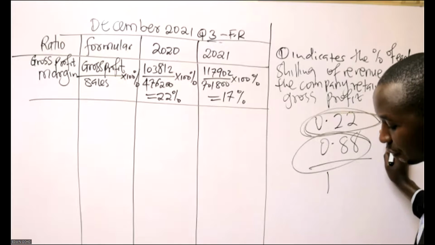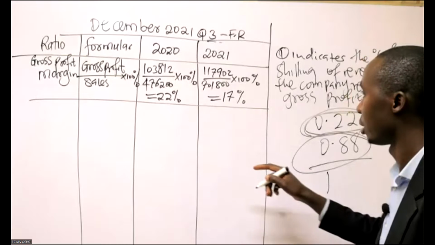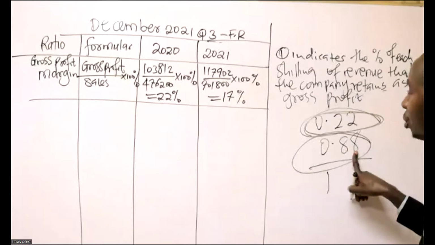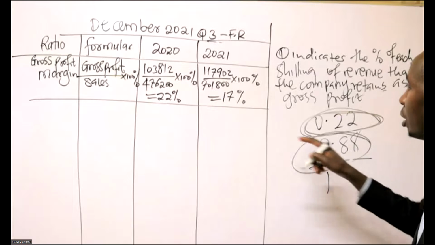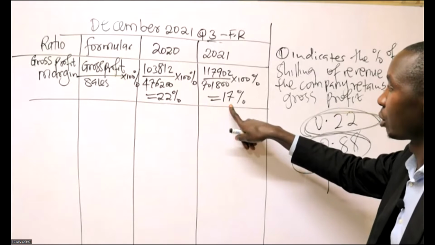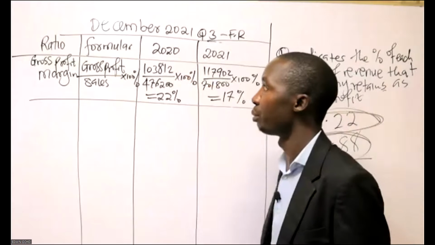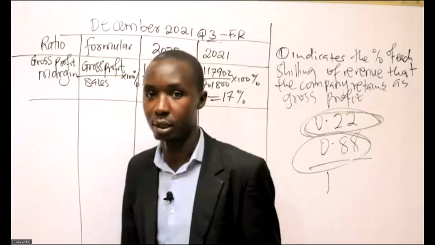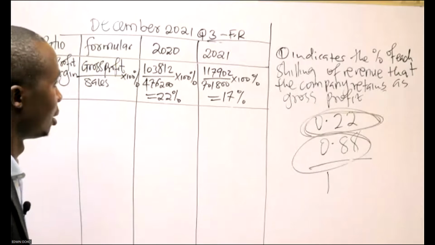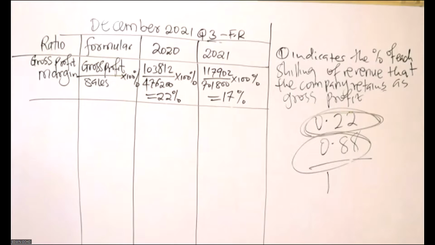So for every shilling of revenue generated, we retain 0.22, and the rest is attributed to the cost of goods sold. Here it went down to 0.17, meaning that we are not doing well as a company. That is how we use ratios to analyze the statements of a company.